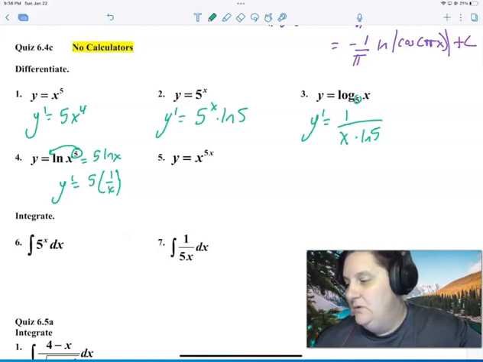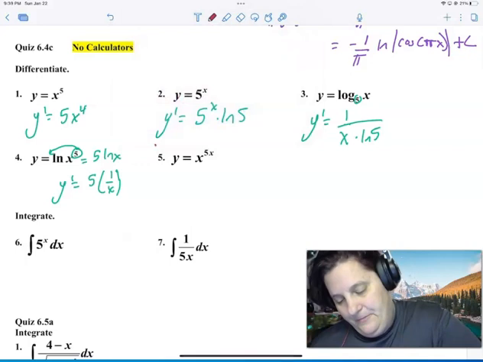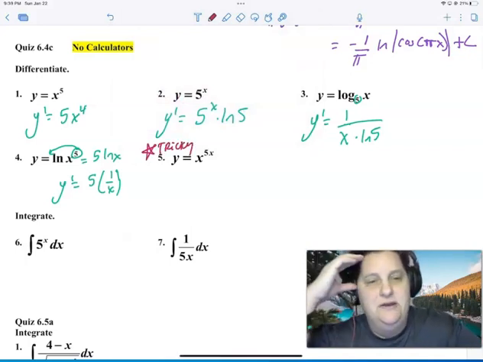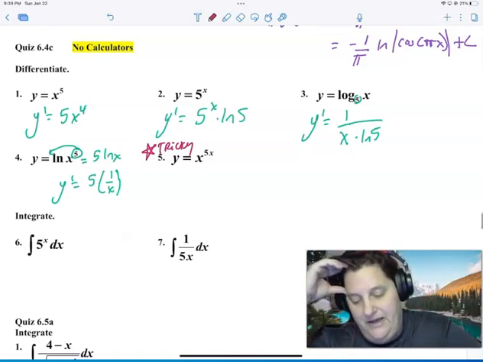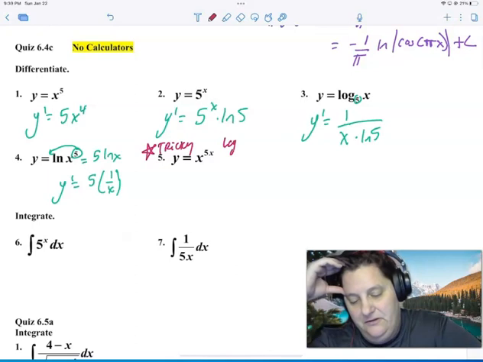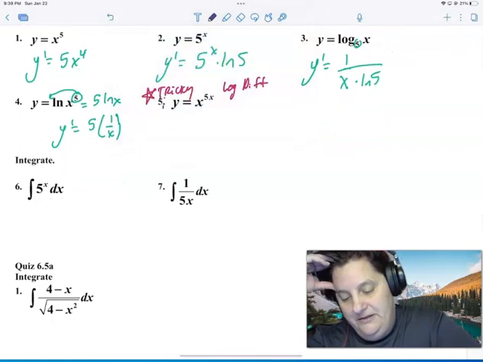All right, this one is tricky. If you guys remember, anytime we had a variable in the base and a variable in the exponent, we had to do something called logarithmic differentiation. Okay, here's how it worked. We would start by taking the ln of both sides.